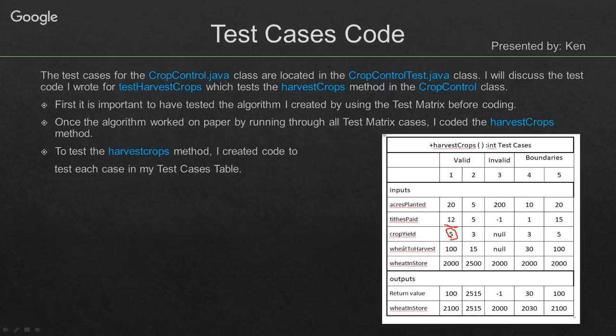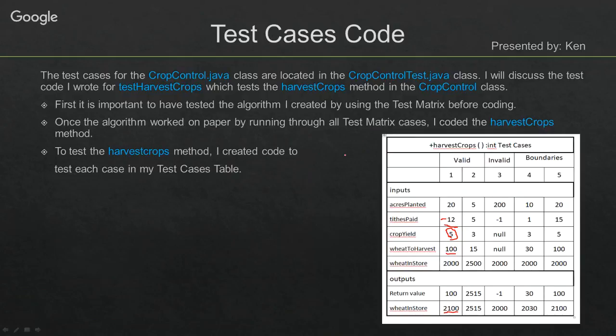And so the wheat to harvest would be 100. Therefore, because you had 12 tithes paid, you got 5 as a random number, and then you return 2,100 wheat in store.